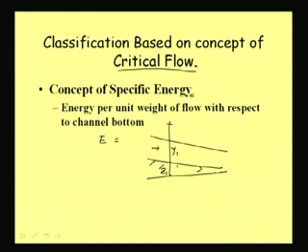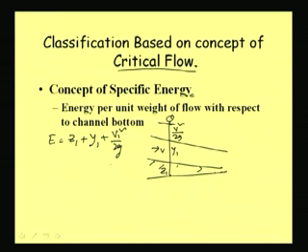Then if it is flowing with a velocity v, there will be energy v square by twice g. So the energy at any level is equal to z1 plus y1 plus v1 square by twice g, 1 represented at section 1. This energy is per unit weight of fluid, that is why we call it an energy head.